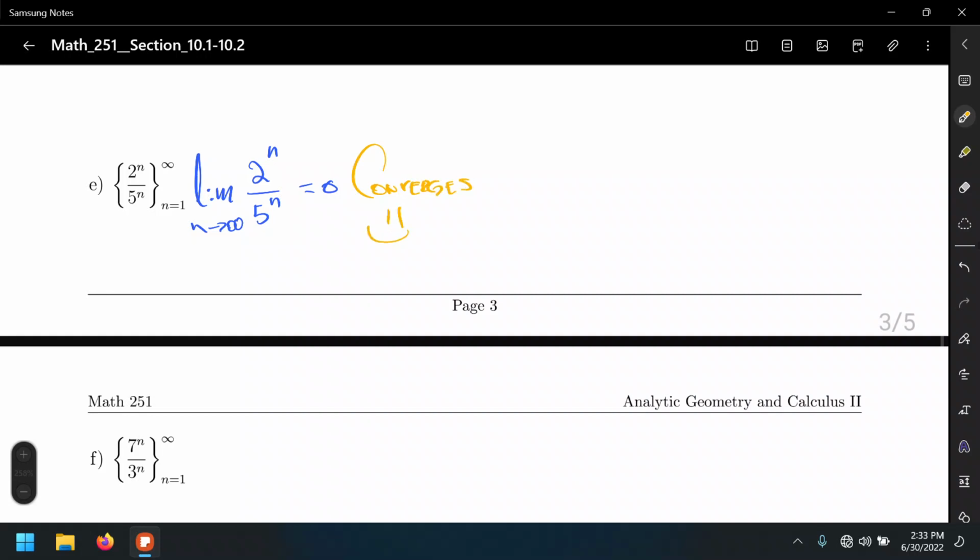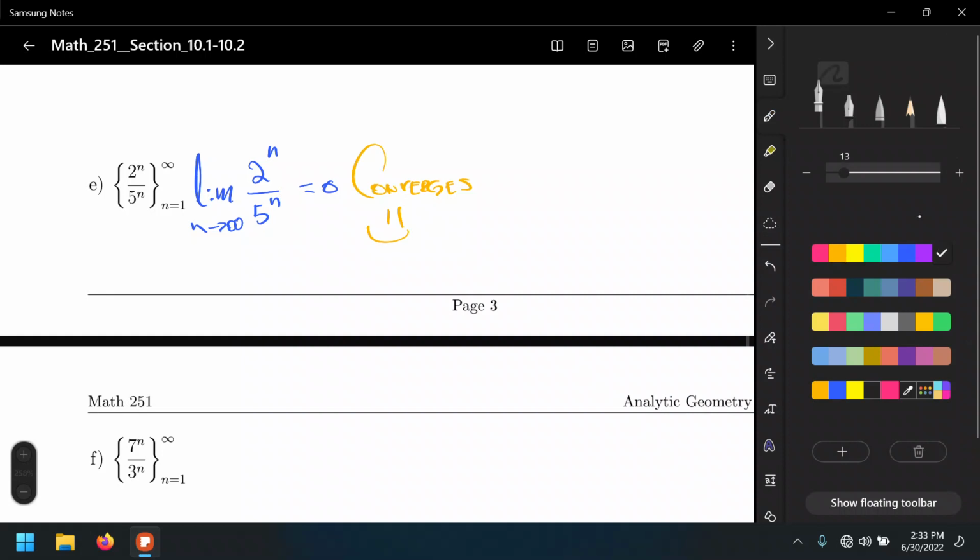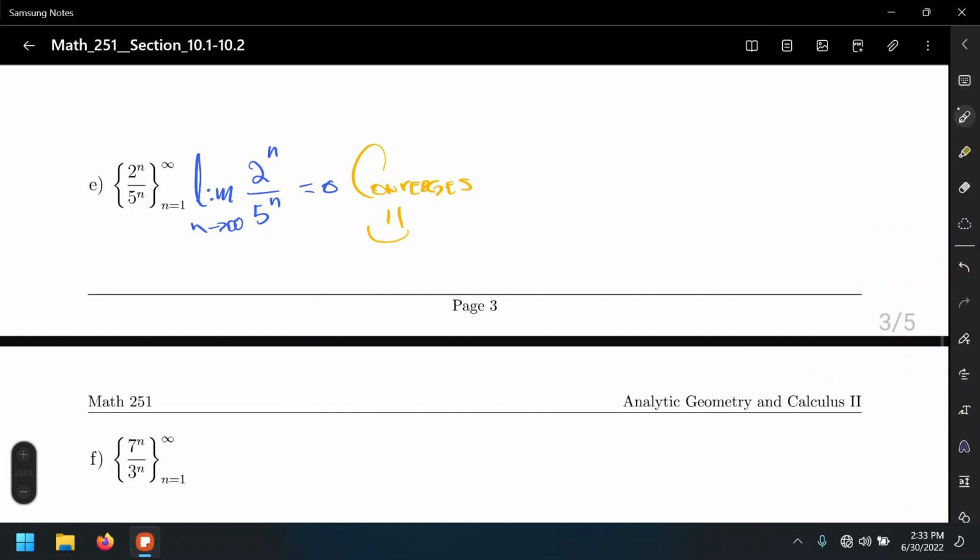Well, actually, let's go a little bit further and explain why. Keep in mind that this resembles the following function. 2 to the n over 5 to the n is the same as saying 2/5, the whole thing to the n power.